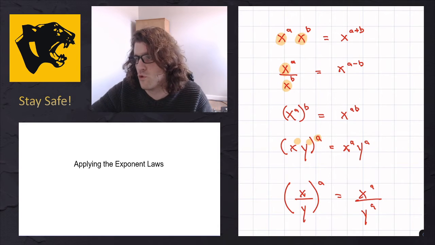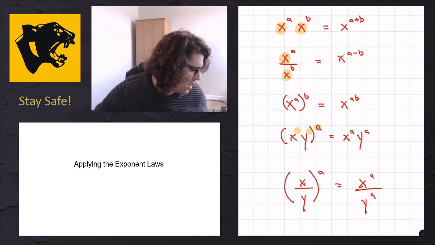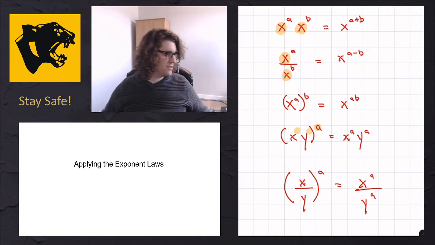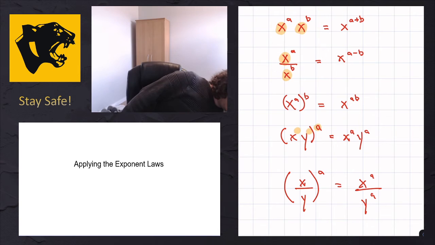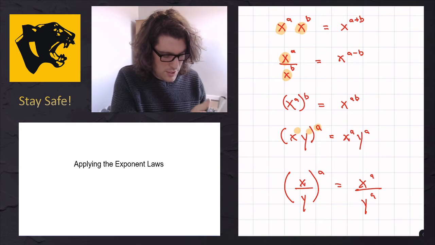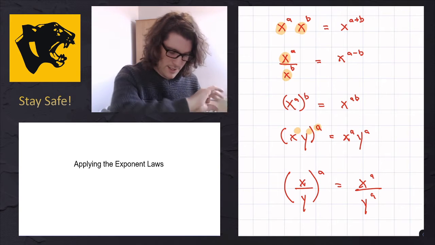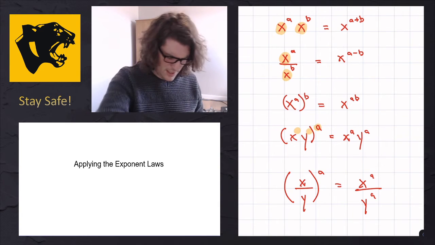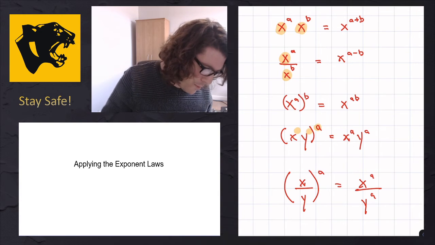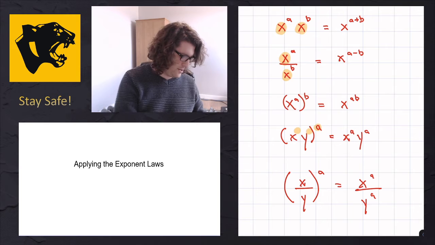So this group of things together is basically what we call the exponent laws. And I'm just going to make sure that I didn't leave any of the ones that the textbook talks about out. Nope, it's those 5. So we are good.